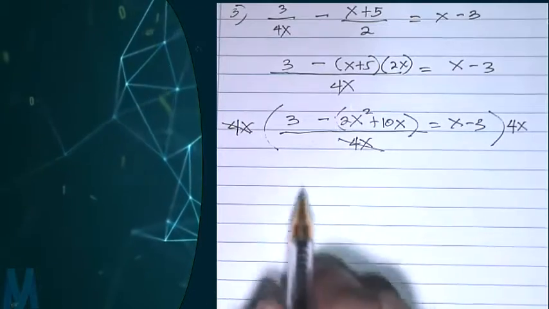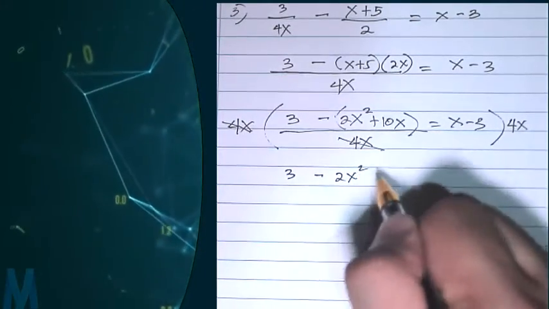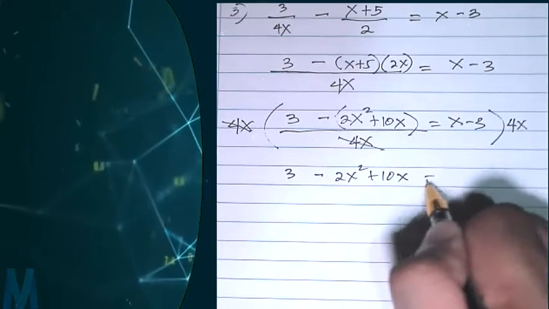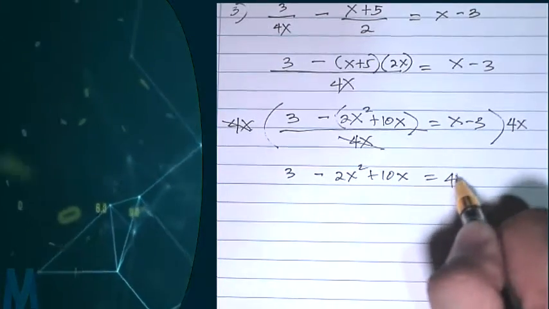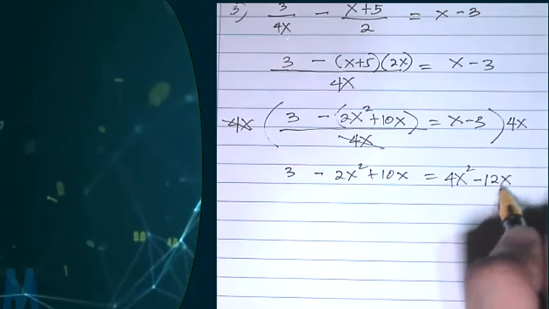Okay? So cancel. And then what remains is 3 minus 2x squared plus 10x is equal to 4 times x is 4x squared. 4x times negative 3 is negative 12x.